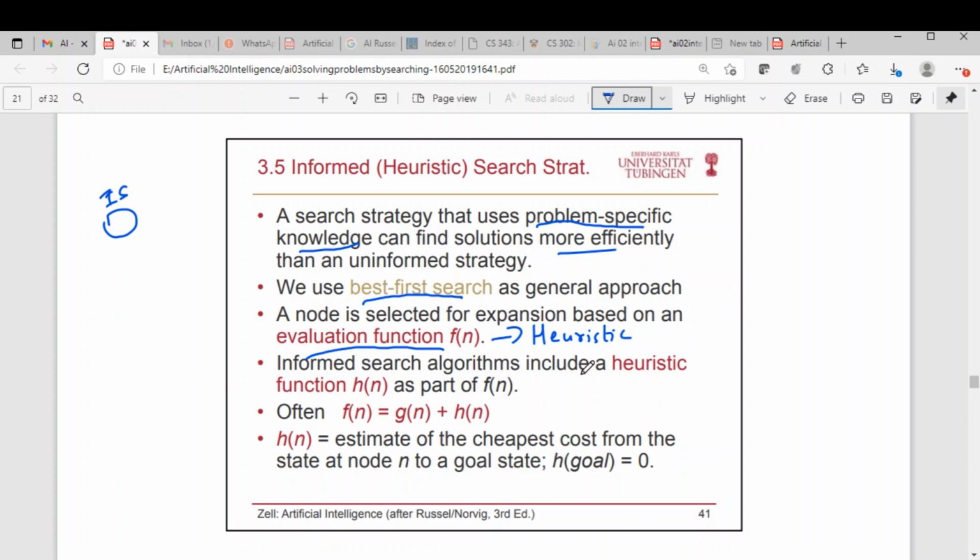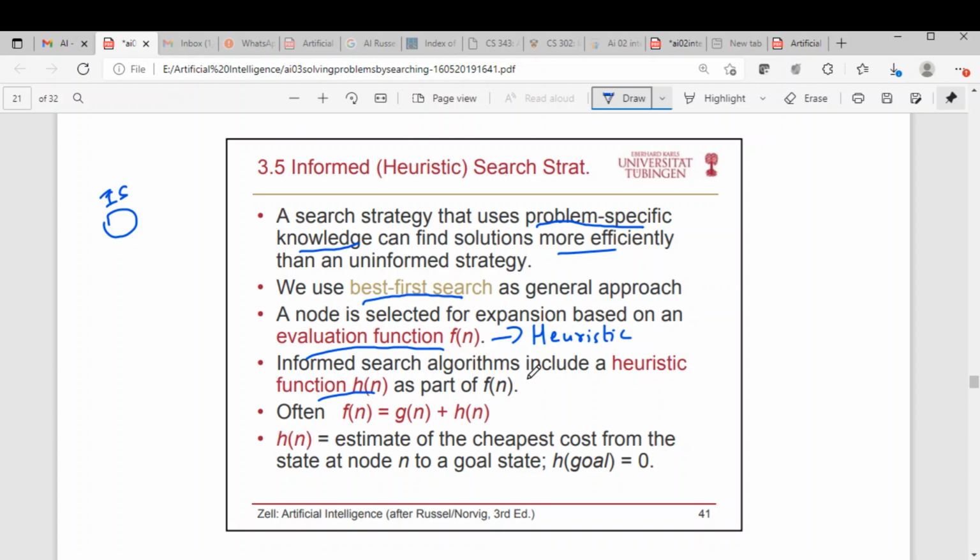Informed search includes a heuristic function, which we call h of n. Sorry, a node is selected for expansion based on an evaluation function, which is called f of n. So we have two different functions.